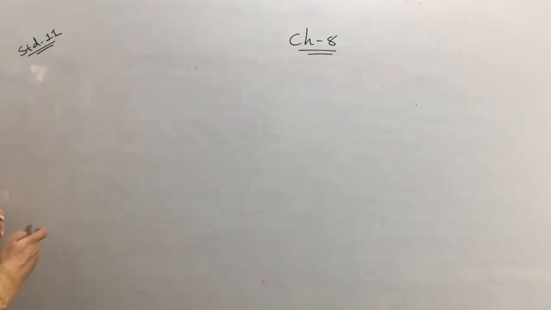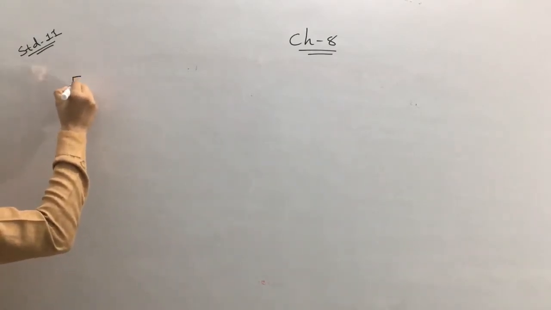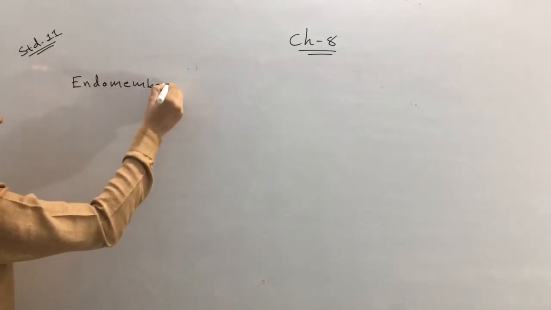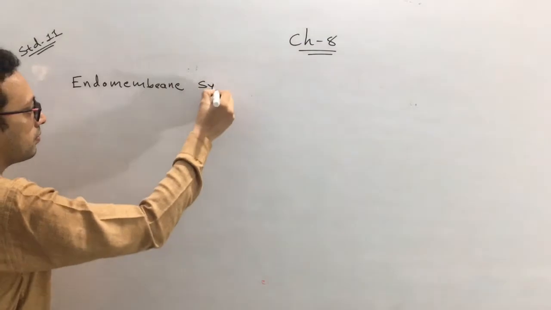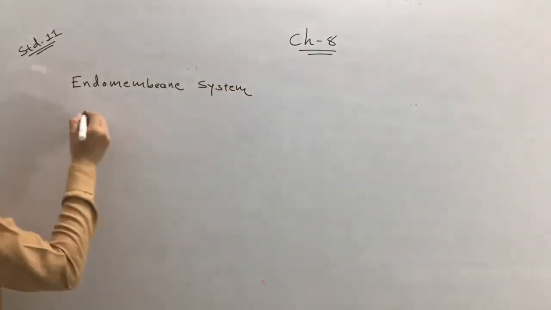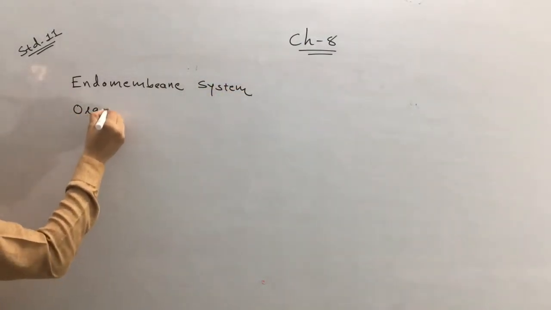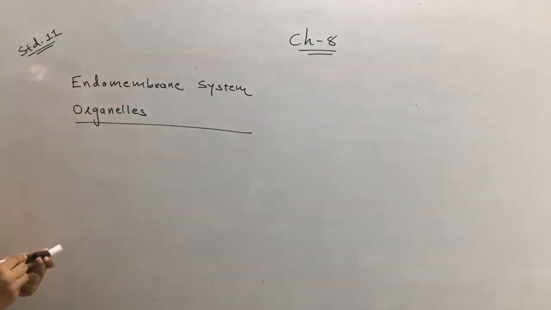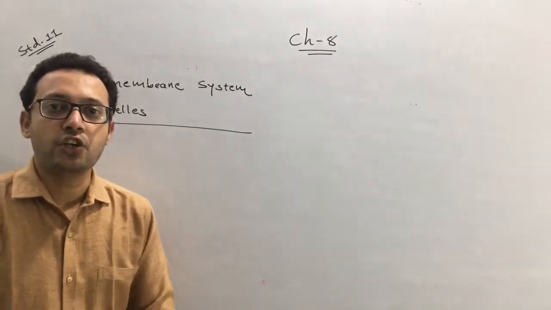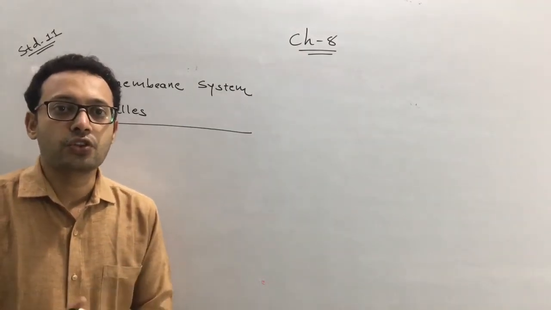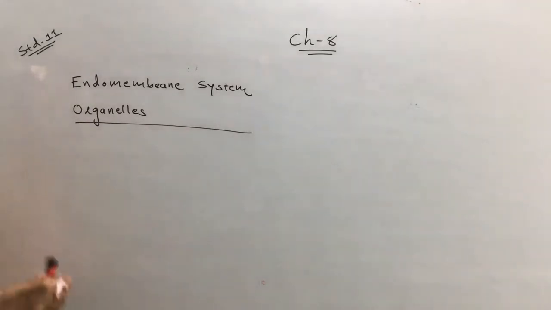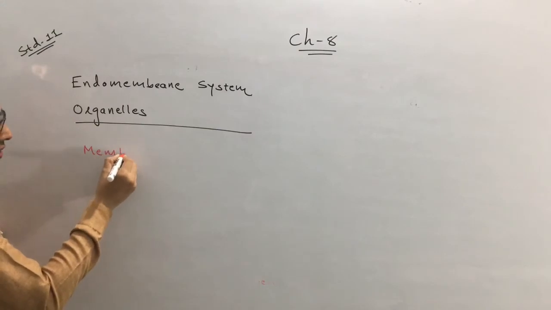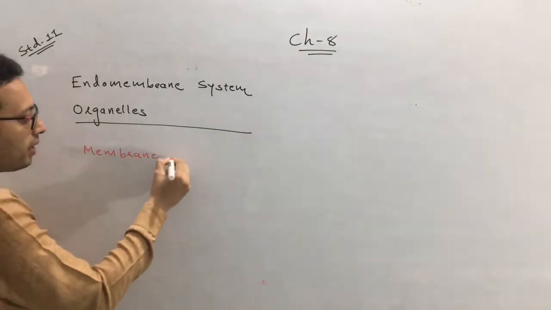To understand which are endomembrane system organelles, we should first know which are membrane bound organelles.